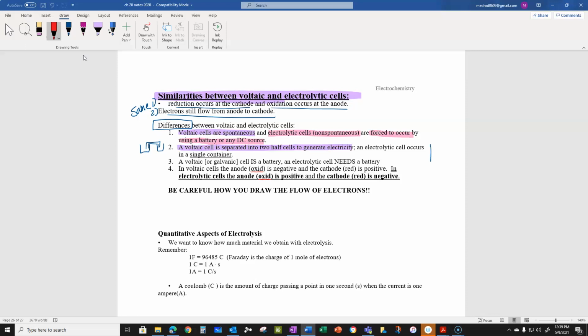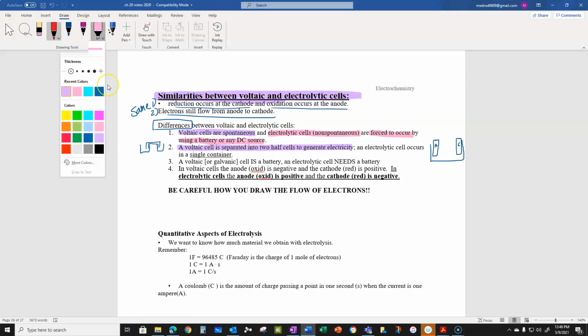I always tell students, and Jose was asking me about this the other day, think of it like a giant fish tank where you have one electrode over here, your anode, and one electrode over here, your cathode. That's it. There's no barrier. There's nothing in between. So think of a giant fish tank where you put these 2 electrodes in it, turn it on, and see what happens.